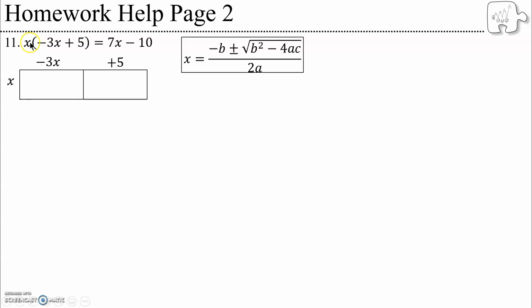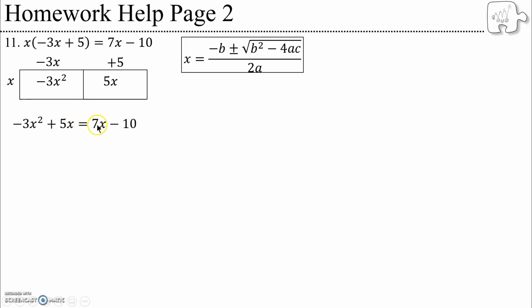x is the length, negative 3x plus 5 is the width. x times negative 3x is negative 3x squared, x times 5 is 5x. So the left side of the equation is negative 3x squared plus 5x equals 7x minus 10. Let's move all of this stuff to the other side.